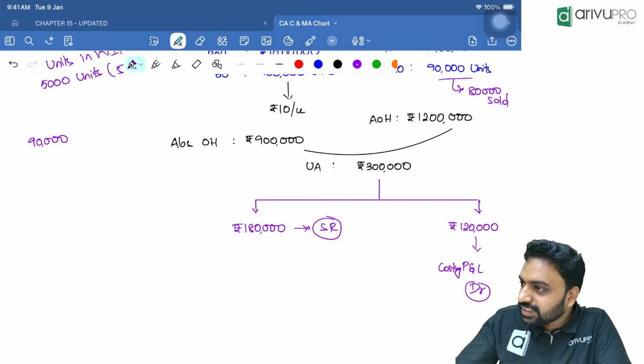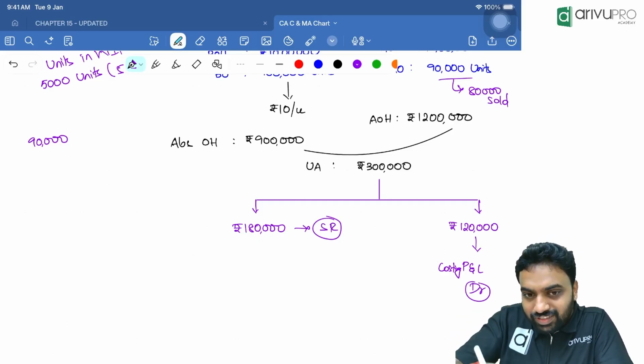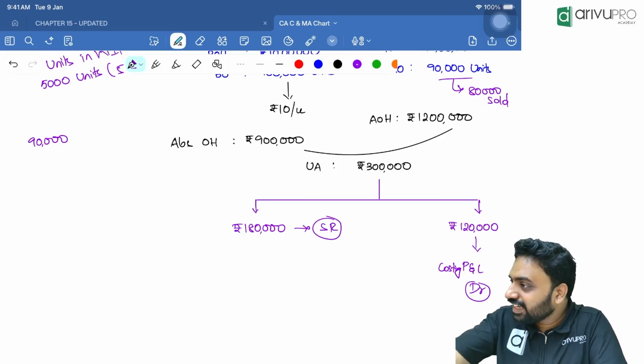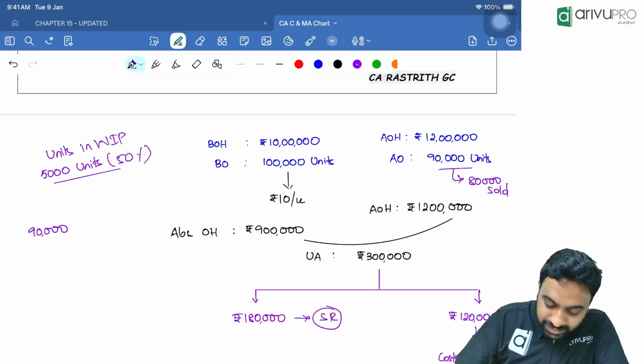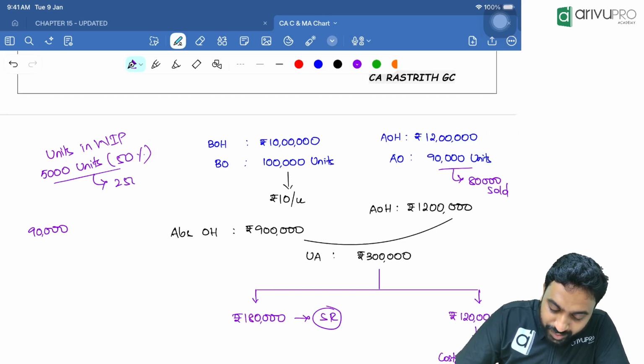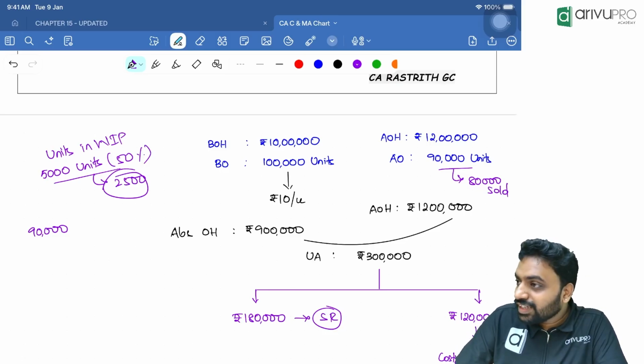Which is 50% complete. How did it get 50% complete? We have given enough direct material, enough direct labor, enough overhead. That means, can I say that this 5,000 consumed overhead equivalent to 2,500 units? That means the overhead we consumed is not relating to 90,000 units.